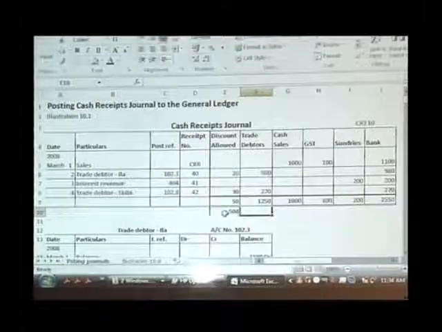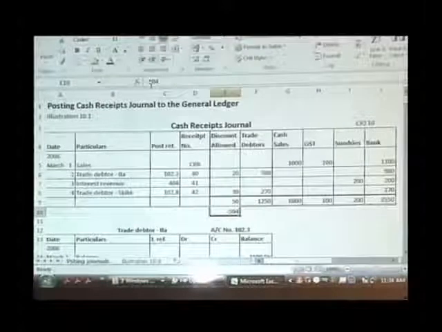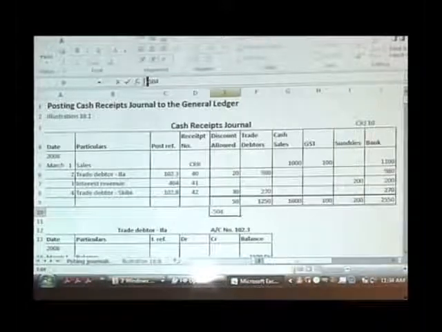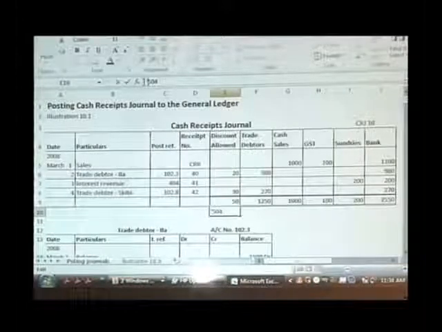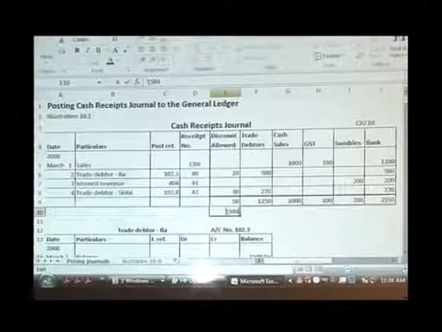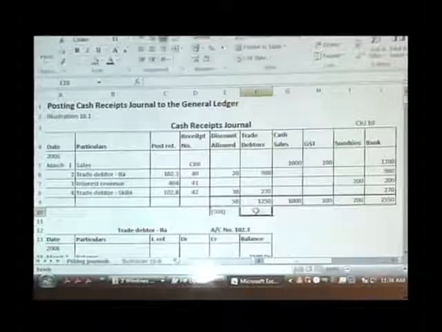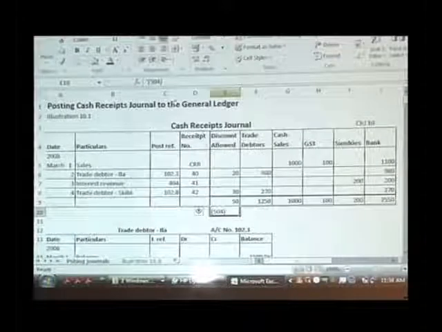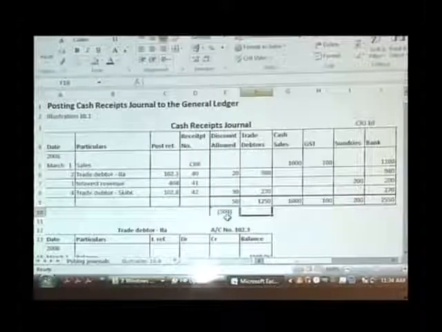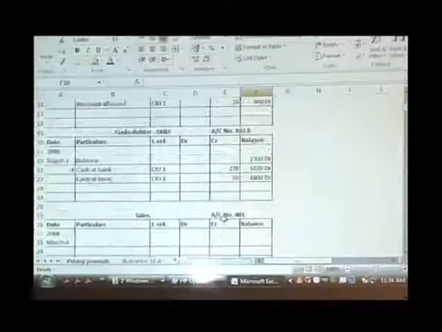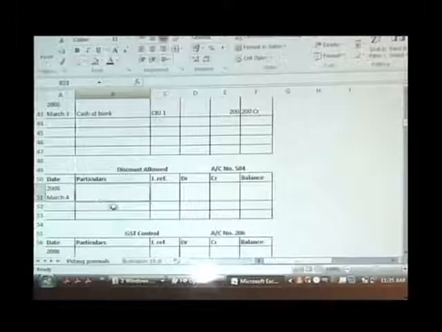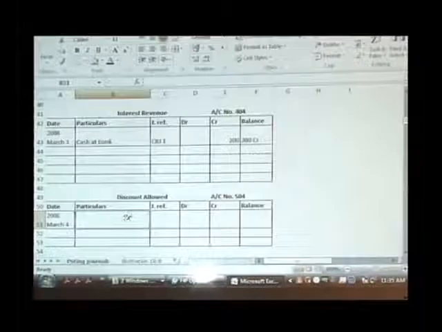When you are posting totals, the account number is written below the total. Once this account number is entered, it is an indication that the posting has been made.